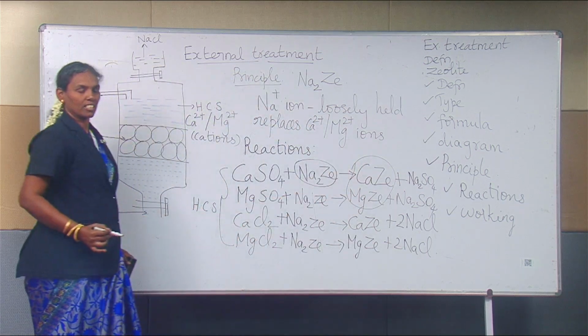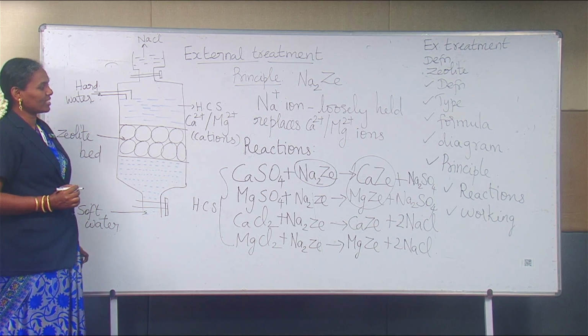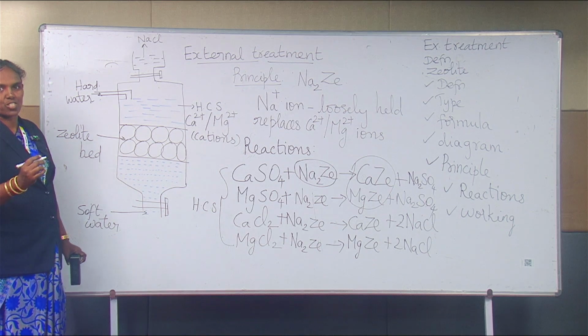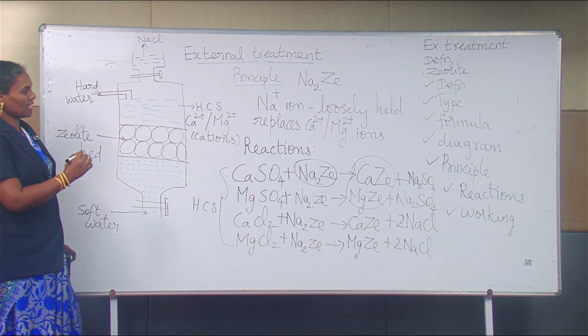Now how is our Na2Ze, this sodium zeolite, converted into calcium zeolite and magnesium zeolite? The next important step is called regeneration. So what is regeneration? That is when regeneration enters the scenario.